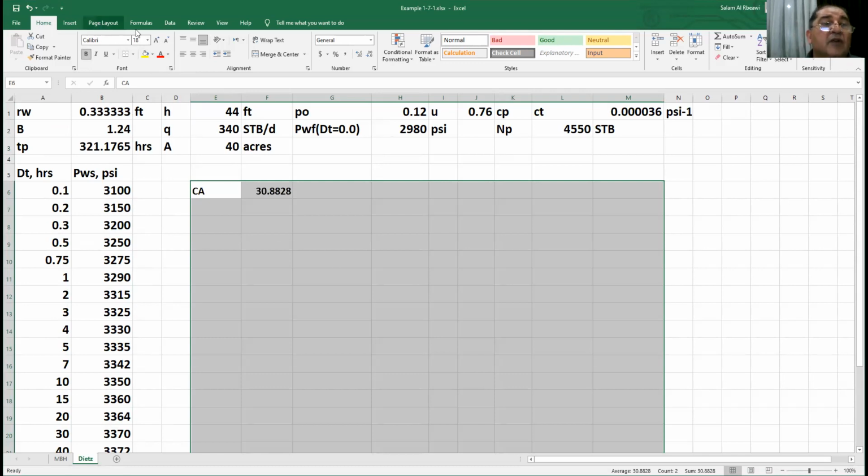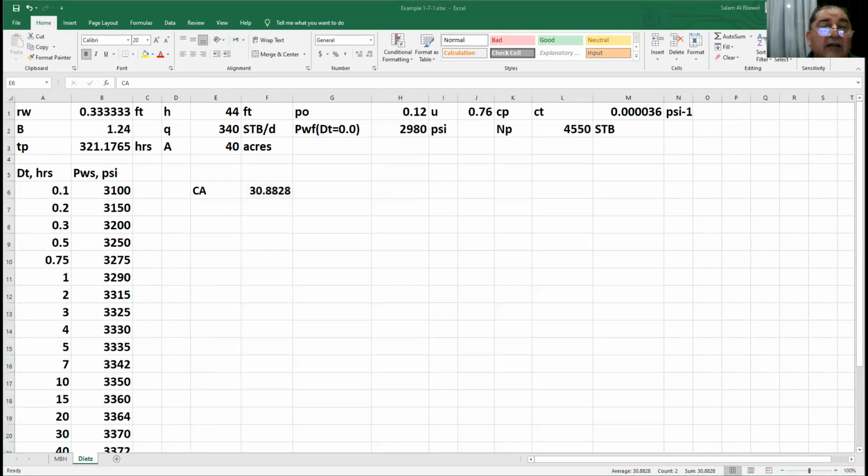Okay, so this is our shape factor, 30.8828, taken from table 1.46, slide number 90. And then what do we need to calculate? We need to calculate delta tp dash using the model.